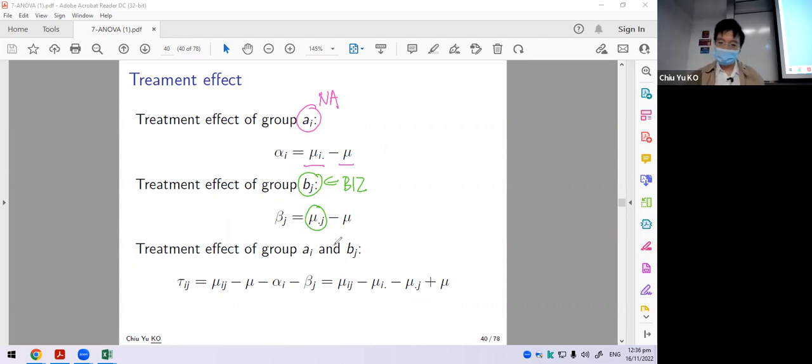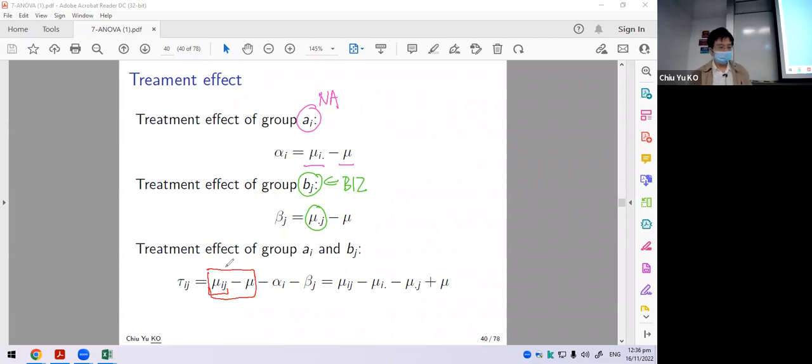Now, the first two are nothing but the same as before, but the last one is a bit tricky. What you're going to do is look at the particular group mean minus the overall mean.